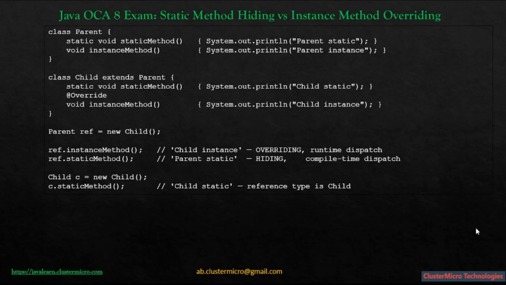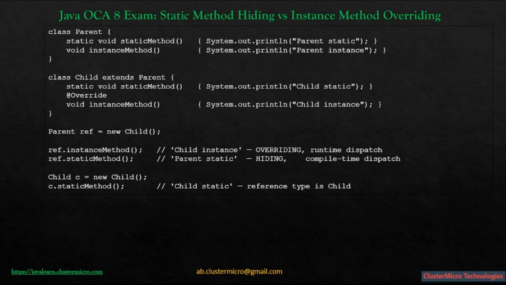Child class extends Parent and defines both methods again. The instance method has @Override on it, and the static method does not, and that is intentional because you cannot override a static method. Now we create the interesting line. Parent ref equals new Child. So the reference type is Parent, the actual object in memory is a Child. Keep both of these facts in your mind as we call the two methods.